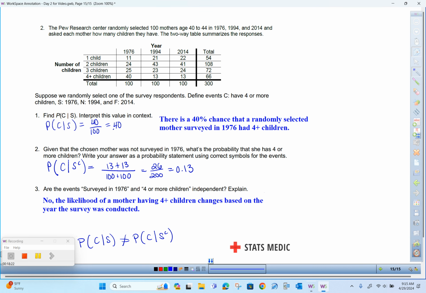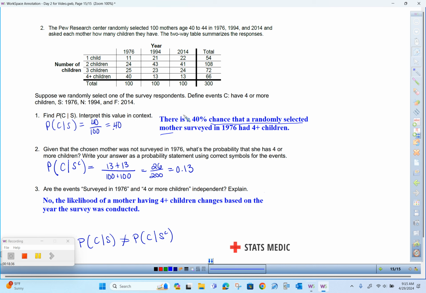Okay, this one, I do want to talk about some interpretation things that I care about. So check out how I wrote this first one. It's really important to me that you interpret probability in this way. I'm saying there's a 40% chance that a randomly selected mother surveyed in 1976 had 4+ children.